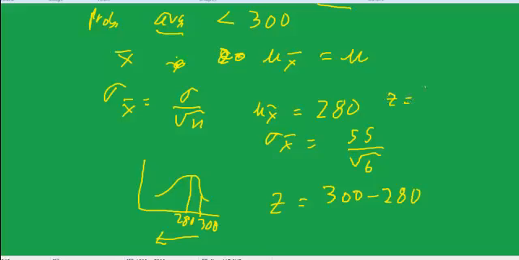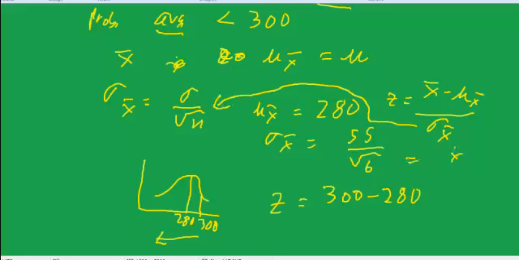Z is equal to, let me generalize it, x bar minus mu of x bar all over sigma of x bar, and remember that sigma of x bar is sigma over square root of n. Since mu of x bar is always equal to mu, I'll often shortcut write it as x bar minus mu over sigma over the square root of n.